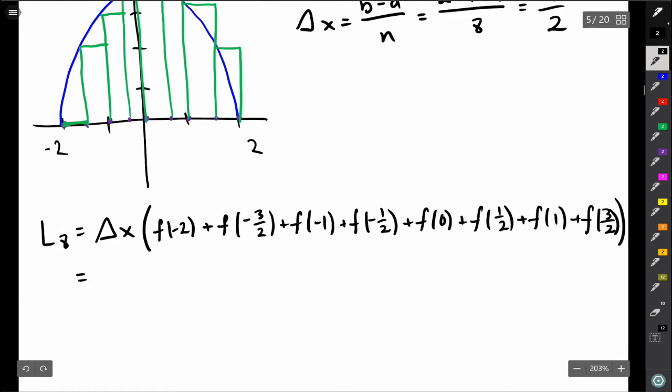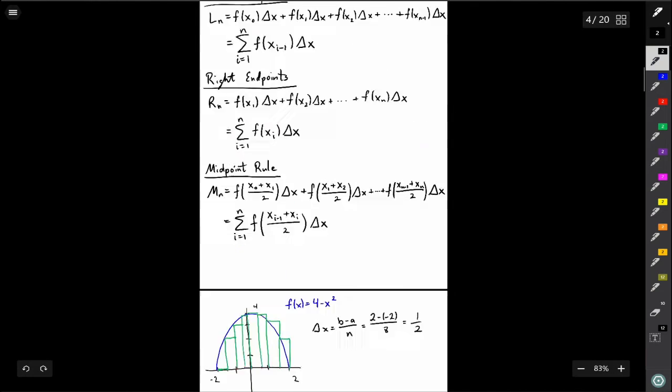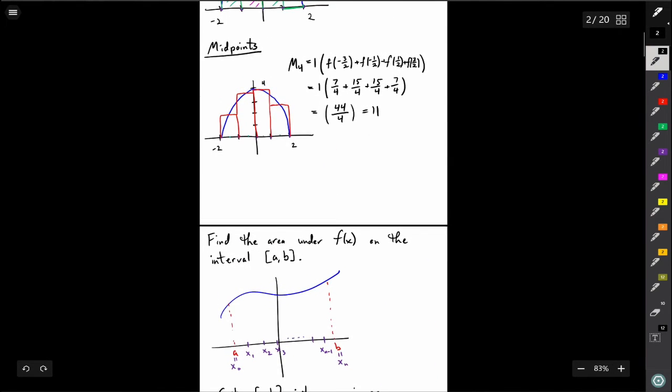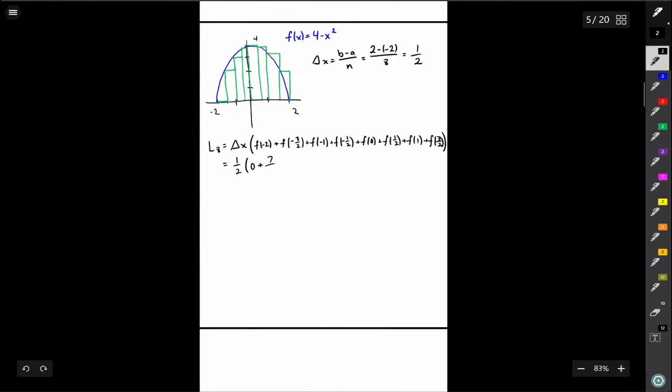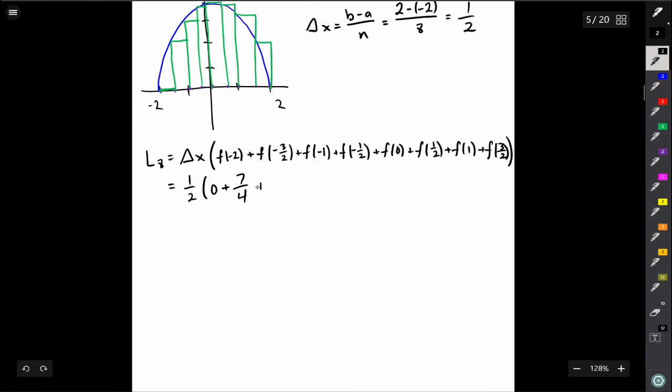compute all these values. So we have 1/2. F of -2 is 0, plus f of -3/2. We did this earlier. Let's see. F of -3/2 is 7/4. Right? F of -1 is 3.